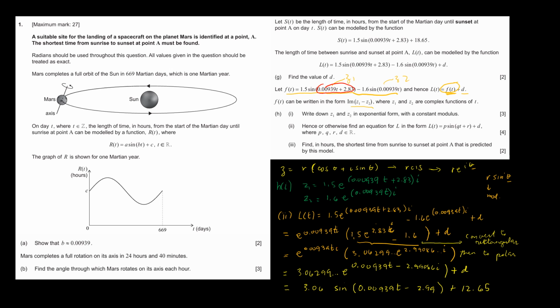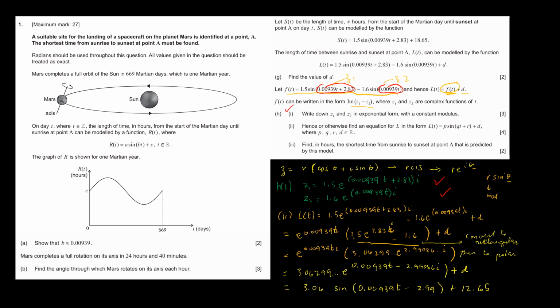So you have here z sub 1, r is 1.5 e to the i theta. Okay. And then for z sub 2, this will be our theta. So r e to the i theta will be this part. Okay, so this one is complete.